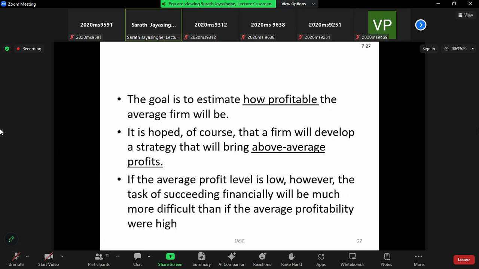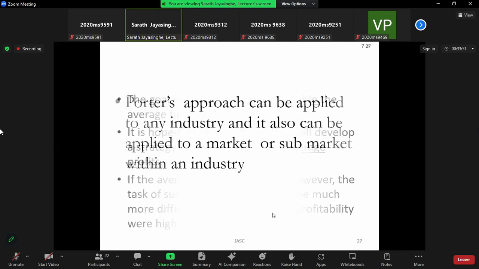The goal is to estimate how profitable the average firm will be. It is hoped, of course, that a firm will develop a strategy that will bring above average profit. If the average profit level is low, however, the task of succeeding will be much more difficult than if the average profitability were high.